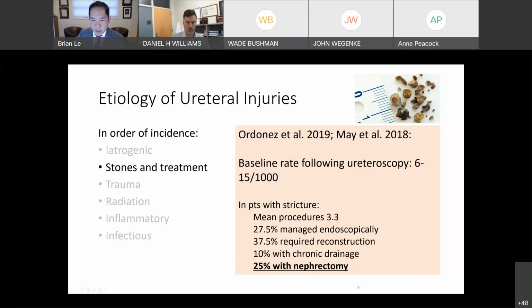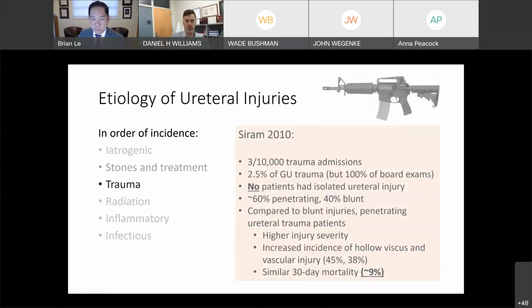Here, Dr. Grimes presented this slide, referring to these papers, showing that some of the injuries can be quite severe, with 25% of patients ultimately undergoing nephrectomy. So remember that next time you're doing your ureteroscopic procedures, we should use the same degree of caution and care as you do with big open surgeries.